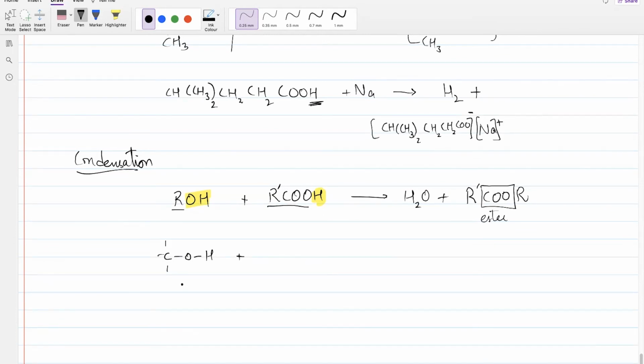फौरन आने चाहिए आपको नाम. What is its name? Methanol. Yes. And let's suppose I have this thing. What is this?